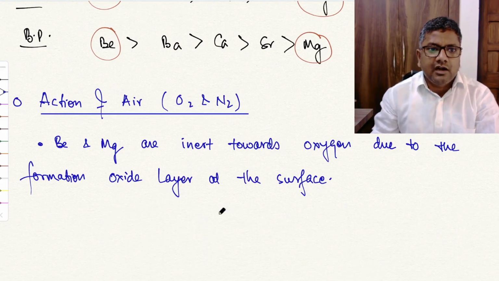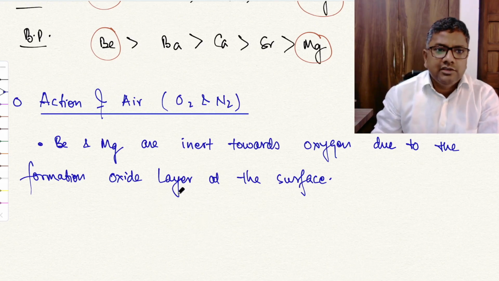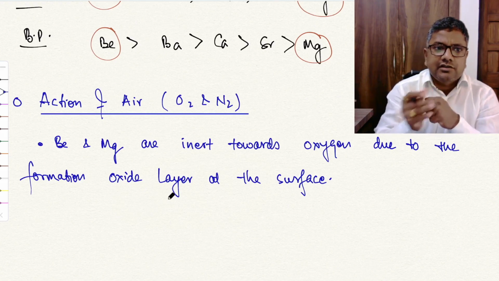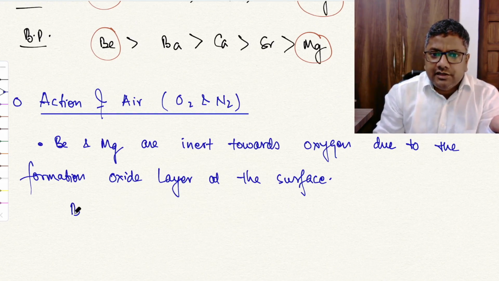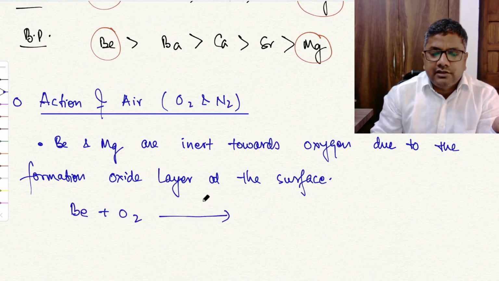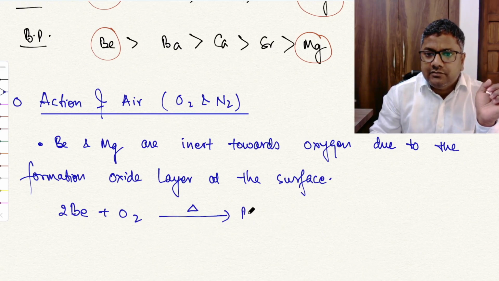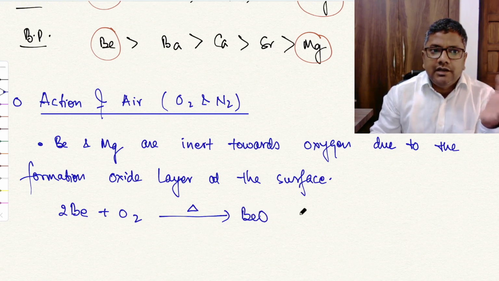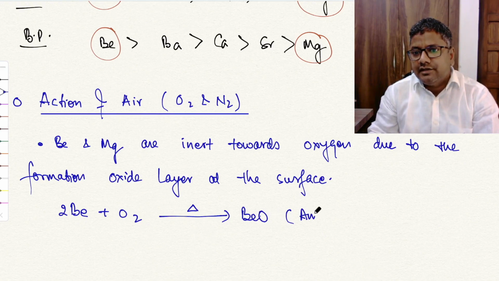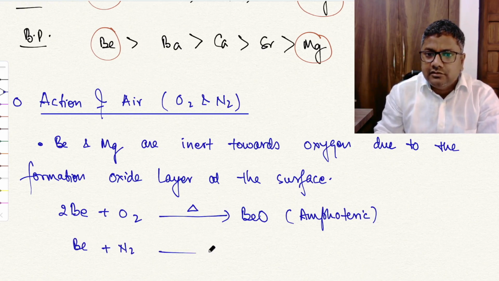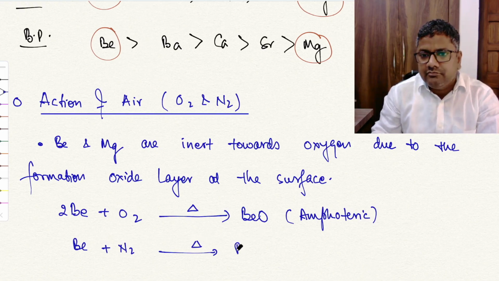However, if you take amorphous beryllium, this reacts with oxygen and forms normal oxide. So beryllium plus oxygen, O2, strongly heated, but you should take amorphous beryllium. So you will have BeO, and you know BeO is an amphoteric oxide, right?